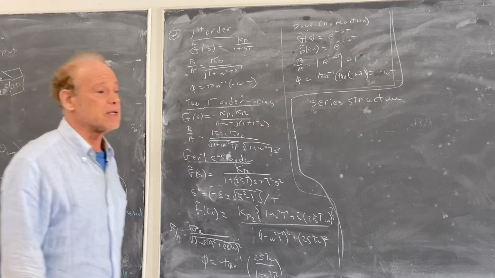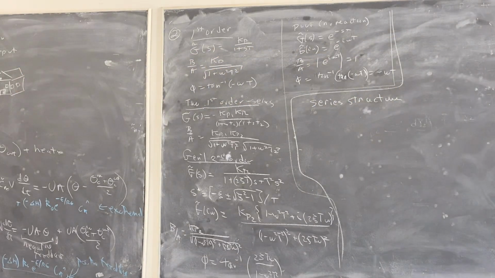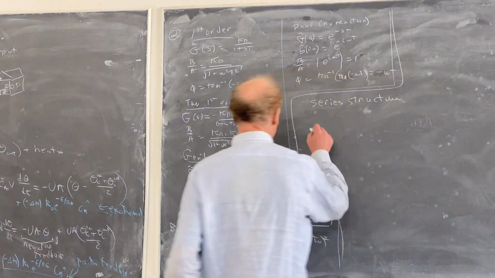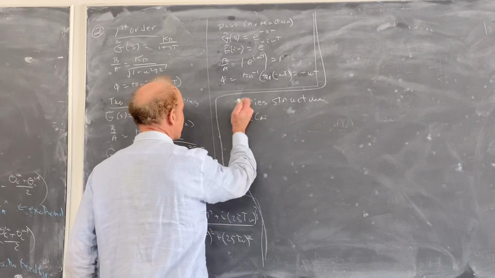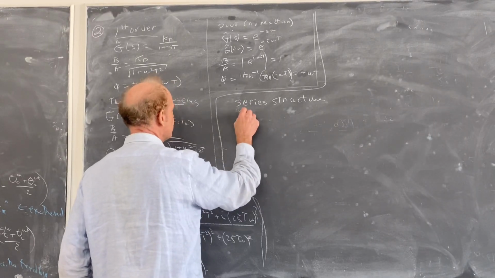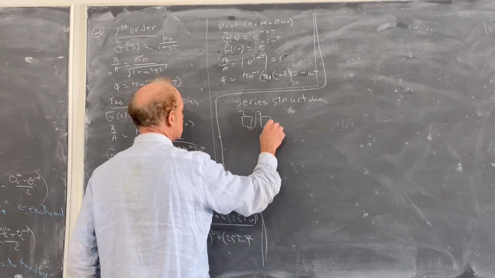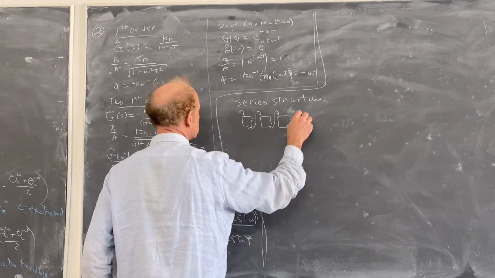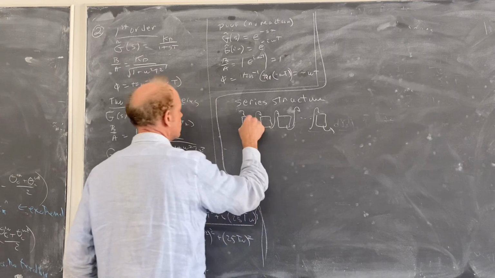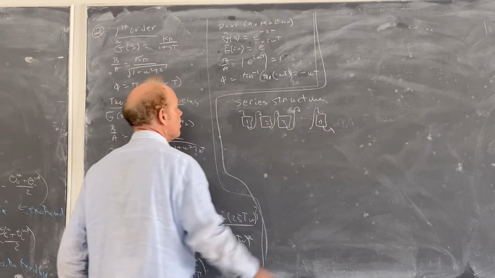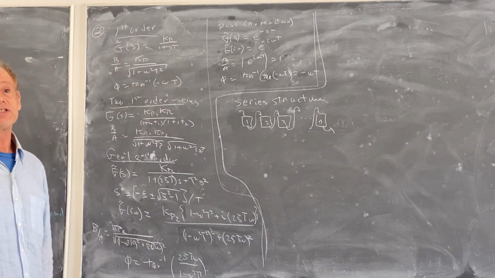So, for example, in a series structure, we have systems that look like this. If I have, say, CSTRs in series, we already looked at this in the past. So let's have n CSTRs in series.